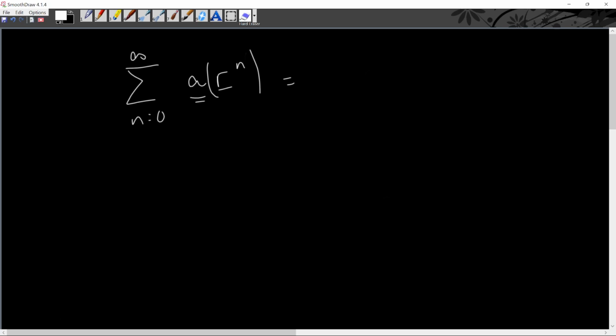So it does fit the nth term test, which means that it is a potentially valid series. And we were actually able to calculate what the value of the series is. A over 1 minus r. Let's write that one more time. A over 1 minus r. And now we have a couple more tests to get through.